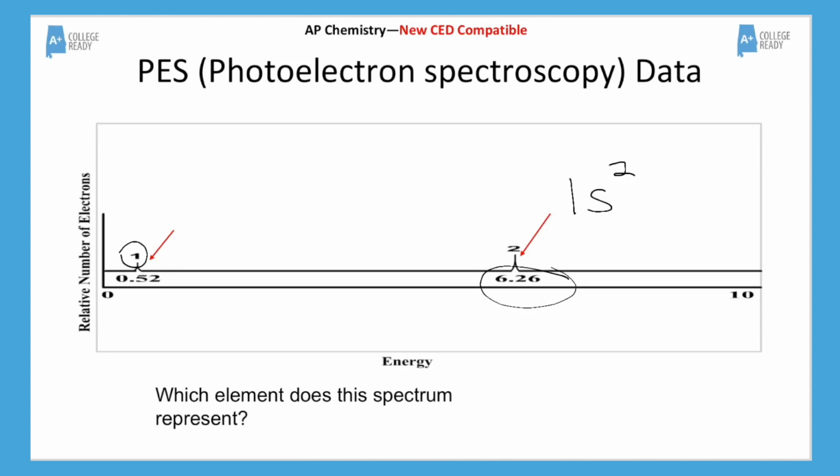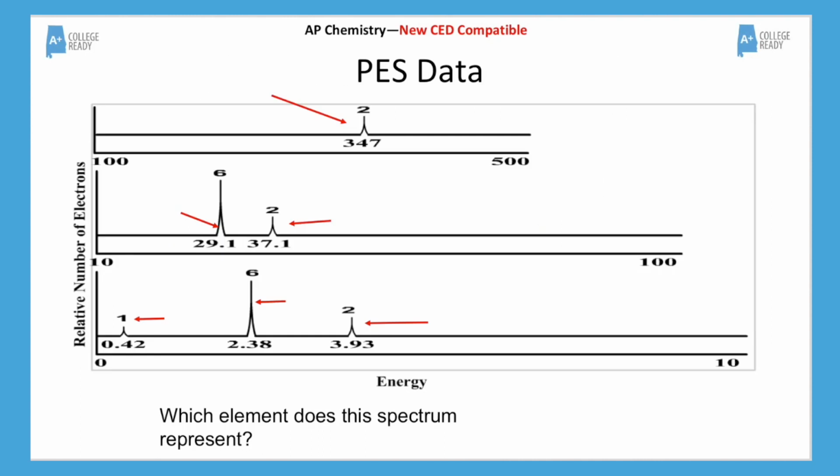So what would we expect this second peak to represent? Well, think of electron configuration. What comes next? That must represent the 2s orbital, and notice it's half as tall, so that must be 1 electron there. Knowing this electron configuration, we could figure out from our periodic table that it is lithium.